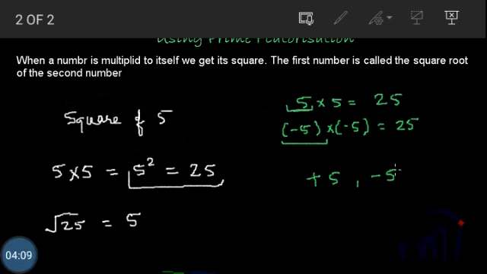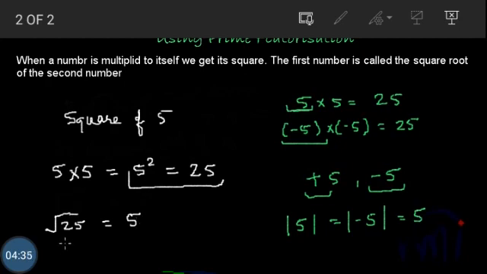So if we find the square root of any number, we are going to get two square roots where one of them will be positive and one of them will be negative, but their absolute value will be the same, like absolute value of plus 5 is equal to absolute value of minus 5 is equal to 5, right?